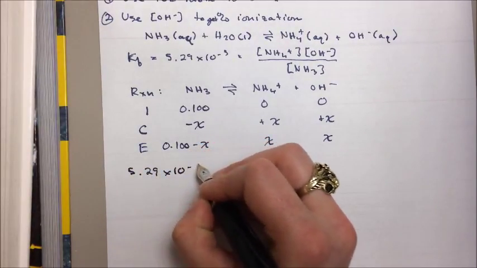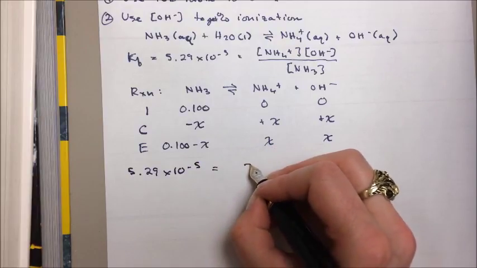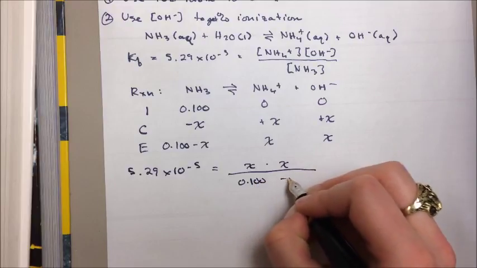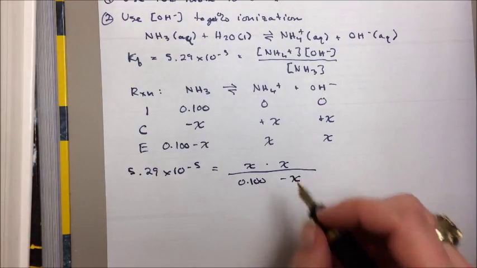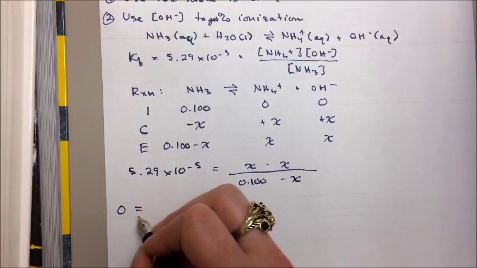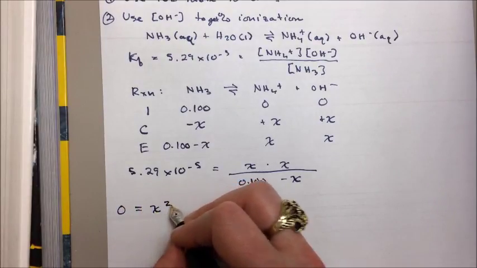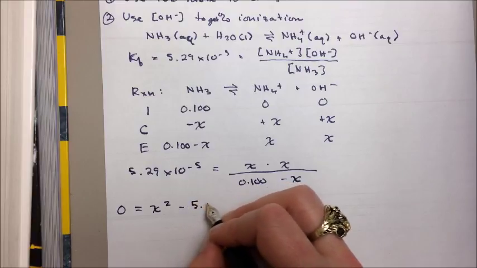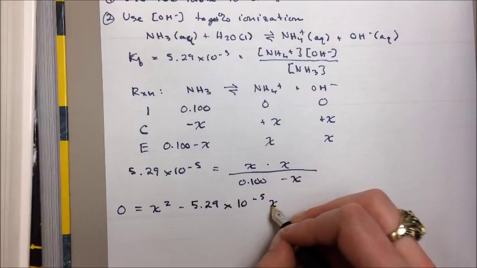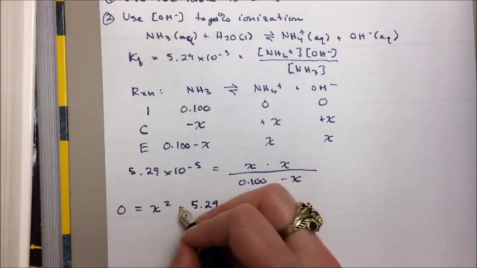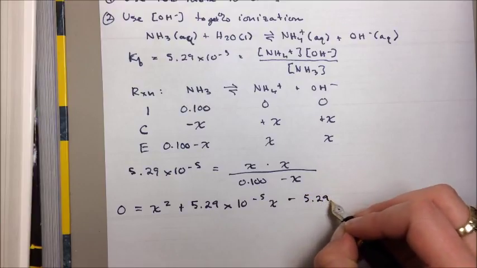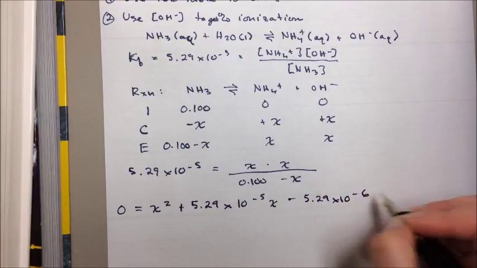5.29 times 10 to the minus fifth equals x times x over 0.100 minus x. If you algebraically work this out, you're going to end up with the quadratic equation, 0 equals x squared plus 5.29 times 10 to the negative fifth x, minus 5.29 times 10 to the minus 6.